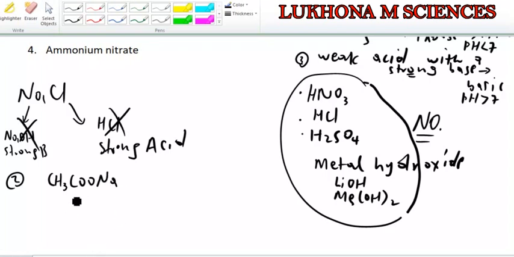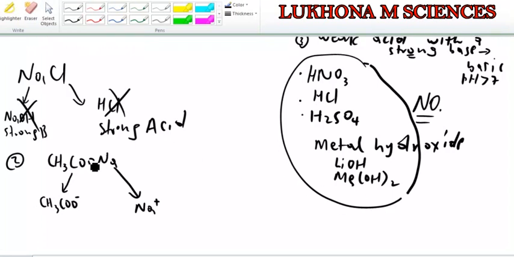Now we have these species, that is the ethanoate ion, CH3COO minus, and the sodium ion, that is Na plus.